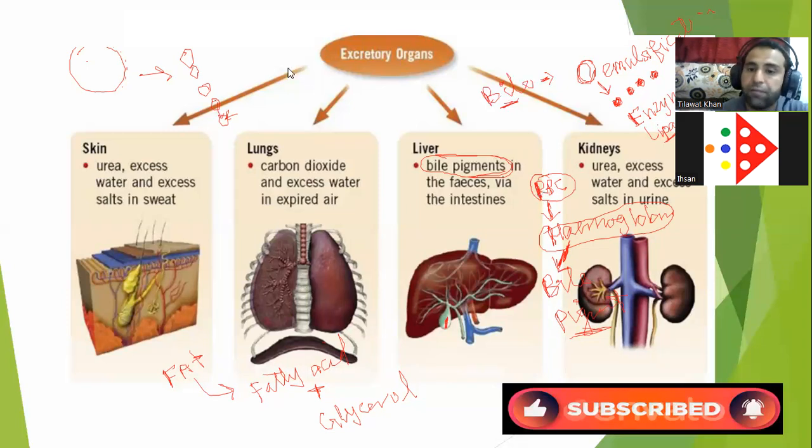So that bile pigment will combine with bile, and the color of feces is because of that pigment that will be removed from your body. So here the bile pigment is removed by whom? By the liver, right? Okay, good.